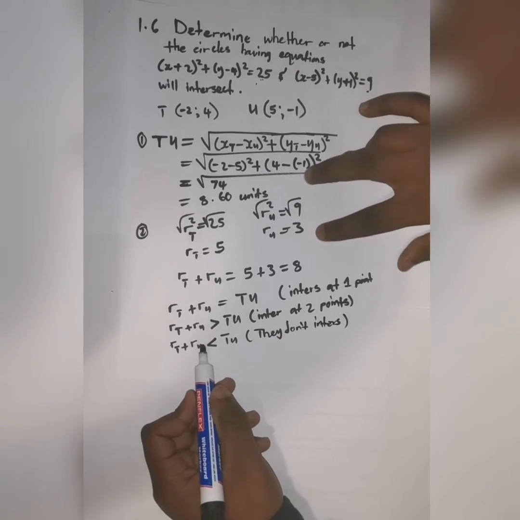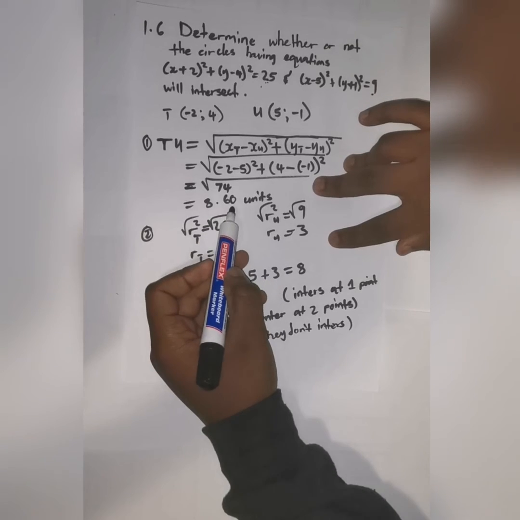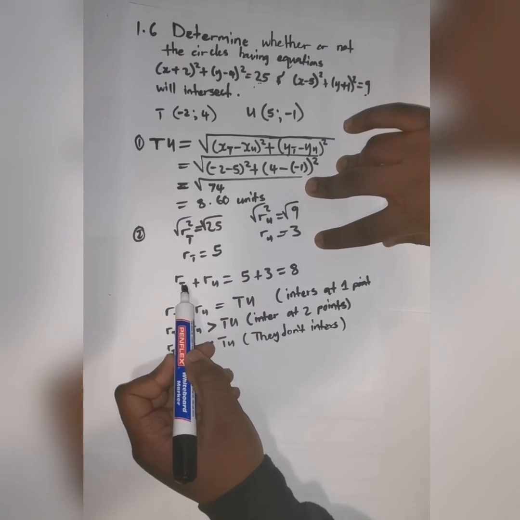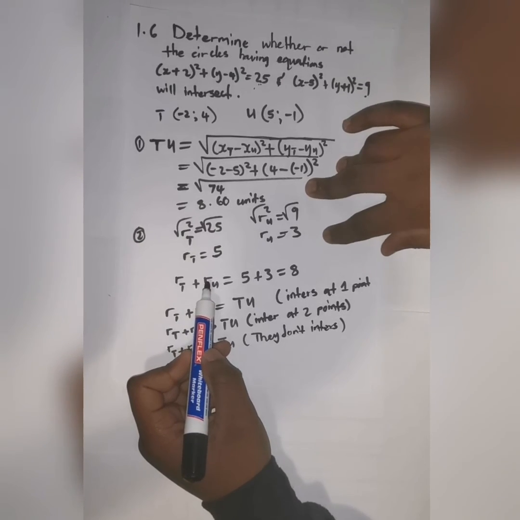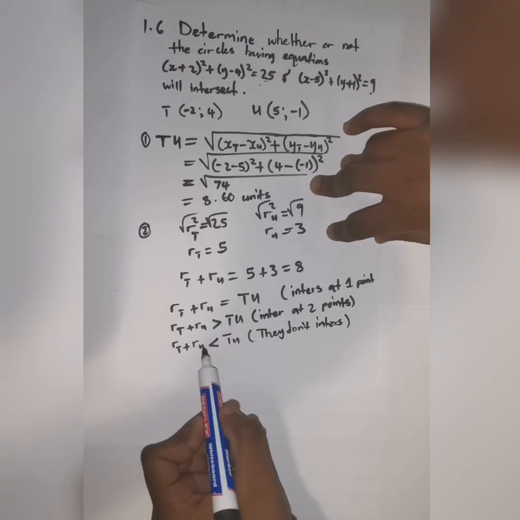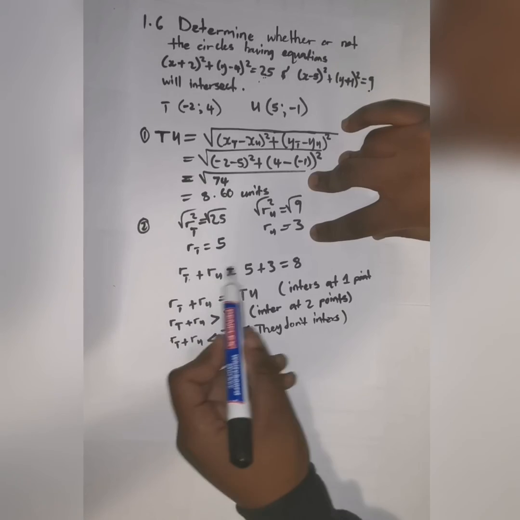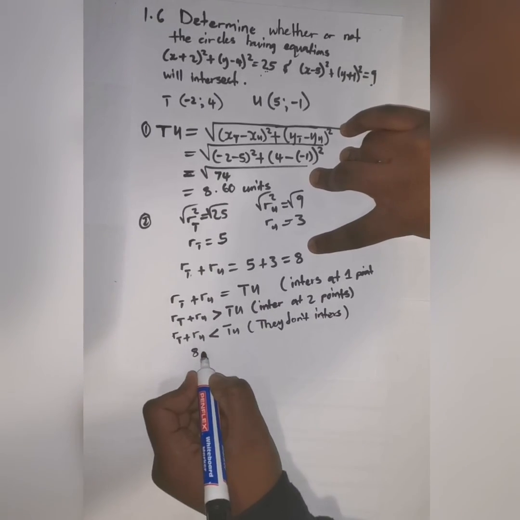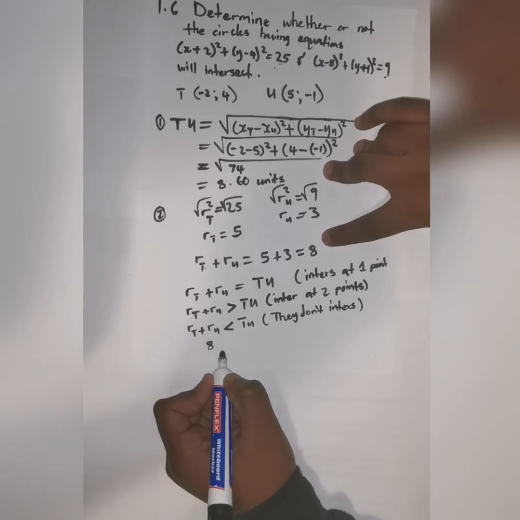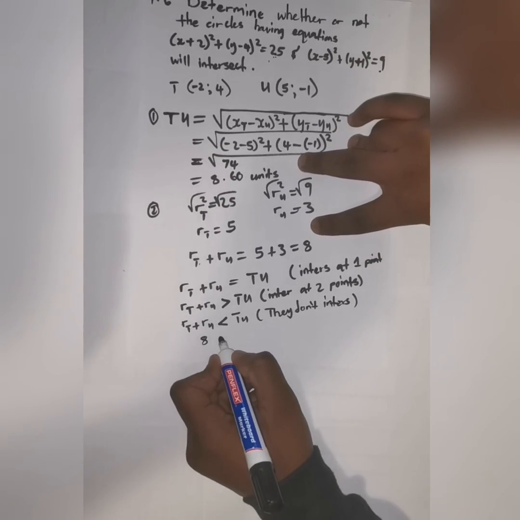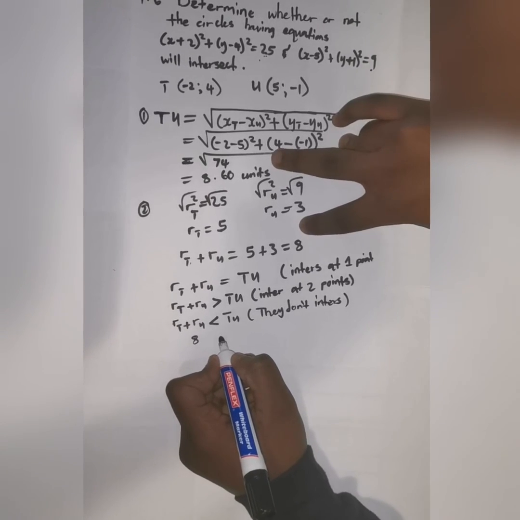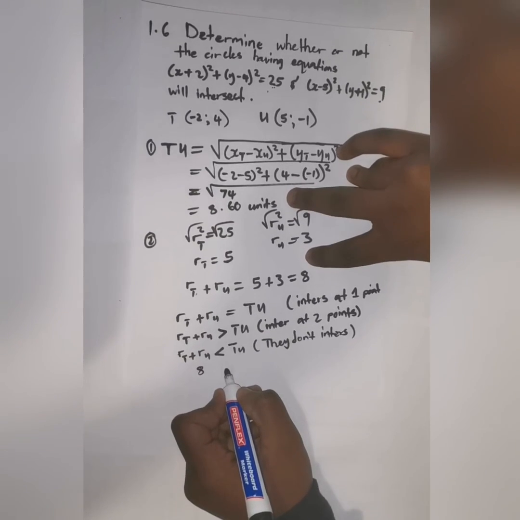So we go back to the two calculations we made: TU for the distance between the two centers, and RT plus RU, the sum of the radiuses. The sum of the radiuses is 8, and the distance between the centers is 8.6.